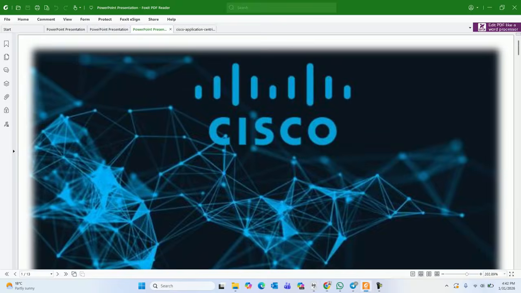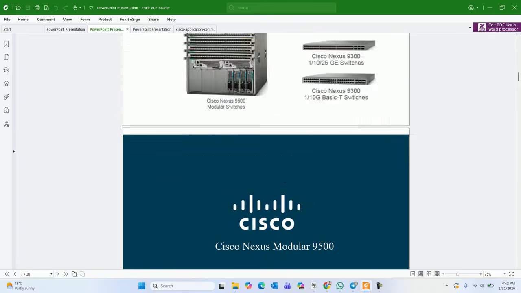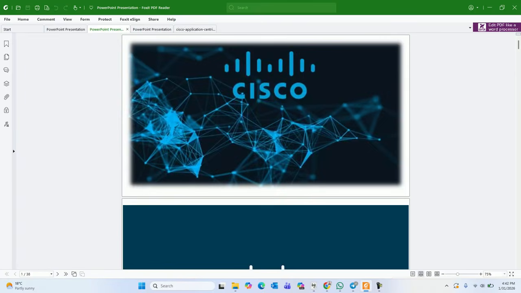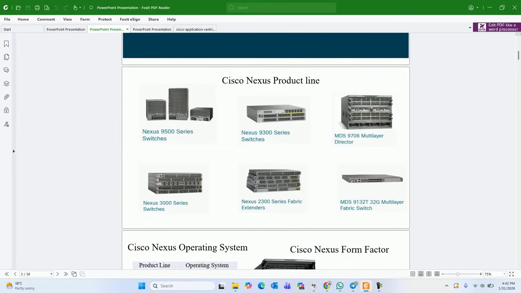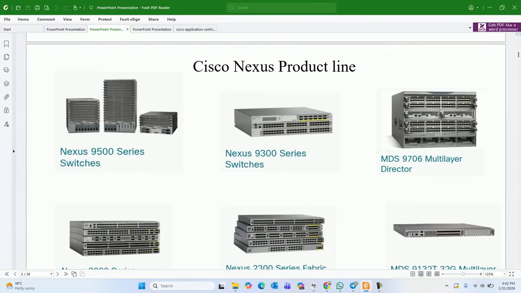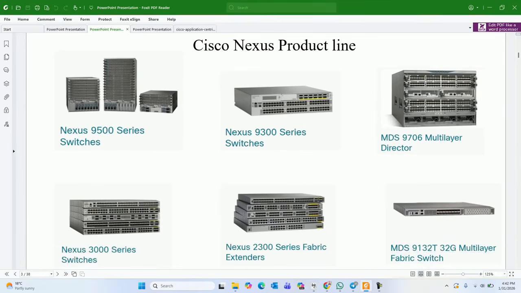Now let's talk about the hardware part. Here we have the product lines. Now I think I gave you an explanation of the Nexus switches and the MDS switches. What is the difference?